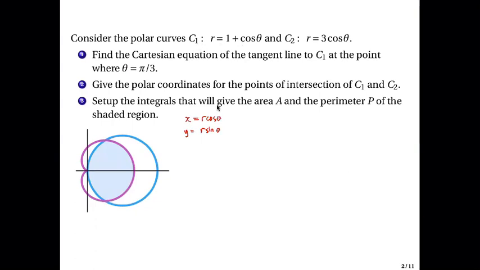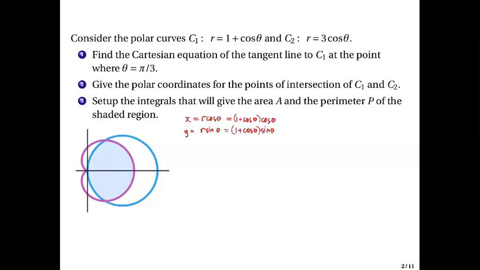And then our r here is 1 plus cosine theta. So we have here x equals 1 plus cosine theta times cosine theta. And for the y, we will have 1 plus cosine theta times sine theta.